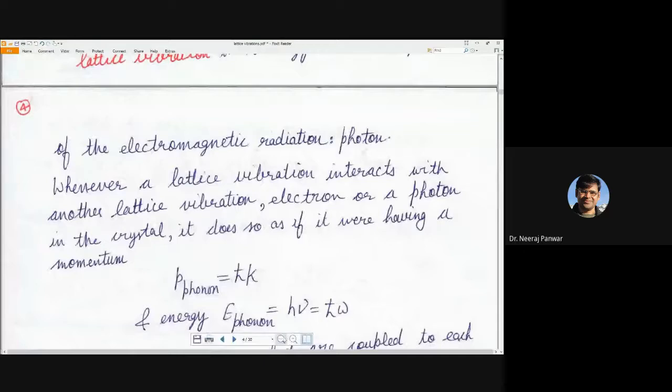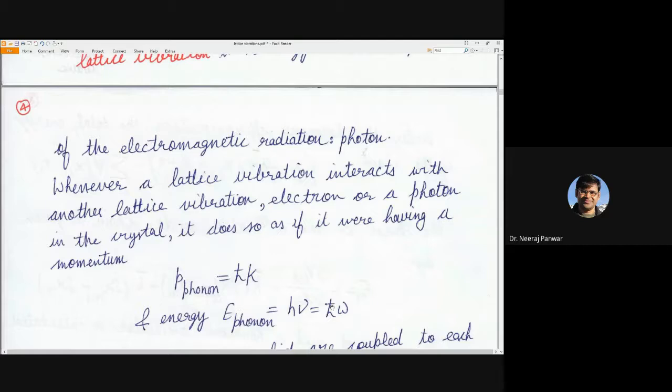When a lattice vibration interacts with another lattice vibration, or with an electron, or with a photon in the crystal, it does so as if it were having a momentum P phonon equal to h cross k, and the energy of the phonon is given as h cross omega.